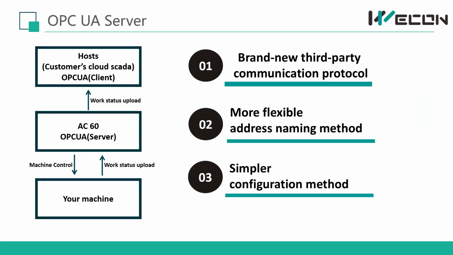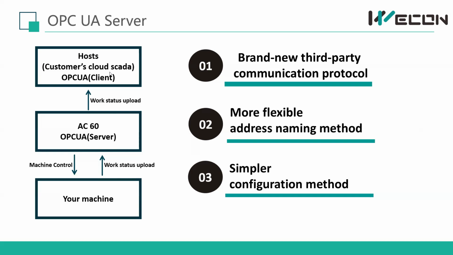Like Modbus TCP, OPCUA always has a master and a slave too. We call them client and server. The client, just like the master, reads and writes values to the server. For now, our PLC can only act as the OPCUA server.